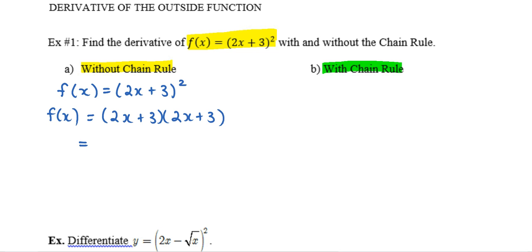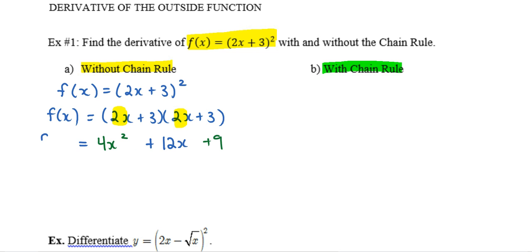Then you would go ahead and FOIL this. You would take your 2x times your 2x and get 4x squared, plus 6x plus 6x plus 9. You'll notice that if you add the 6x's together, you get plus 12x.